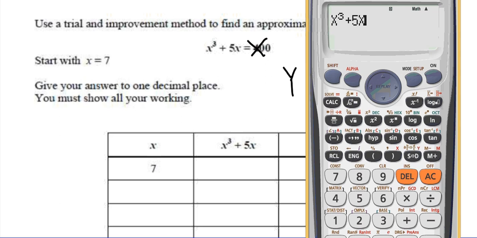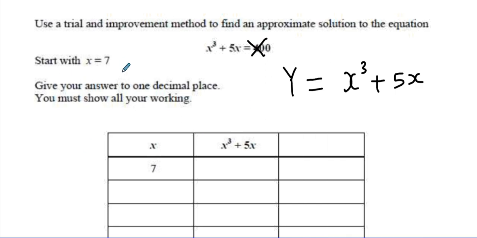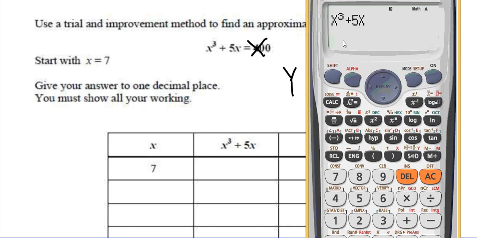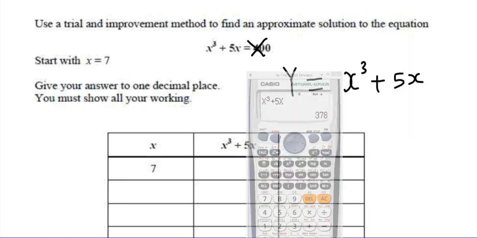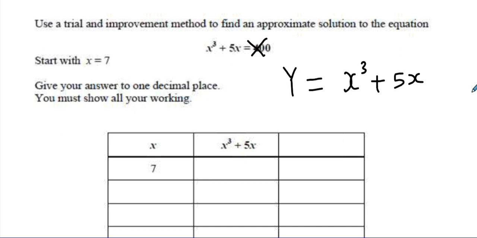So what we are going to do is start with x equal to 7. If we start with x equal to 7, what is the value of y? We got 378.